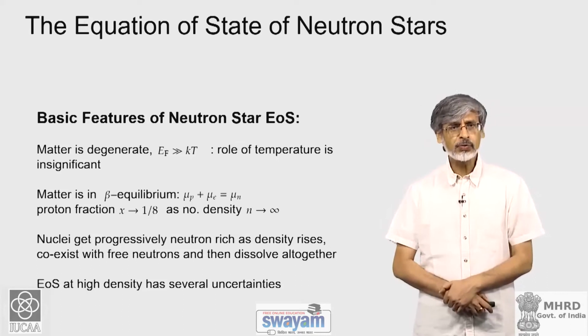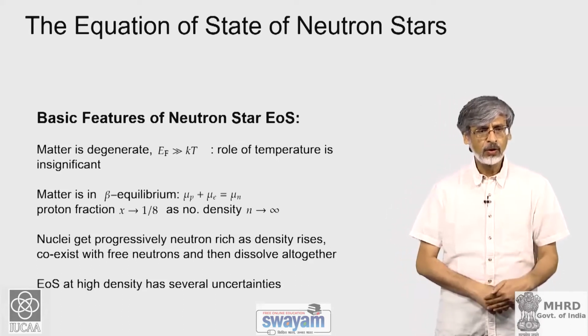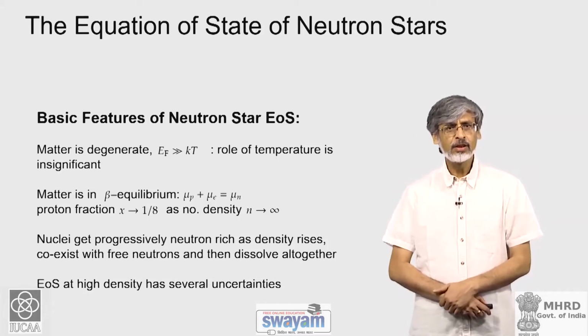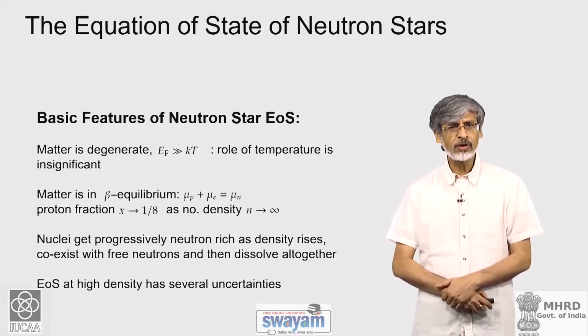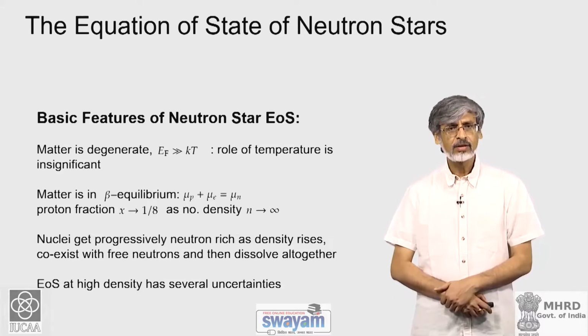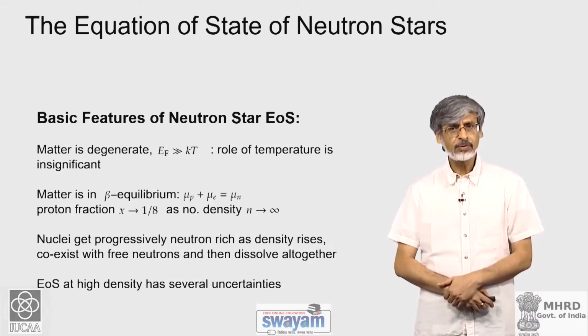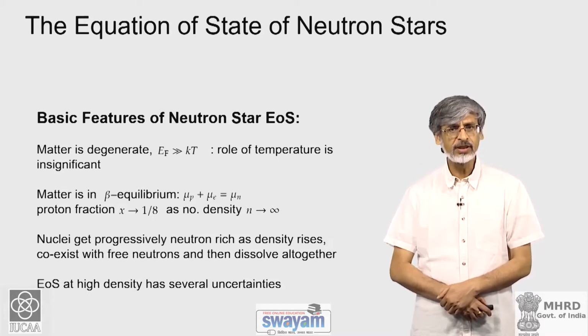Now, as one goes from low density to high density in the neutron star interior, the nuclei get progressively neutron rich. That means the ratio of mass number to atomic number keeps increasing as one goes to higher and higher densities.